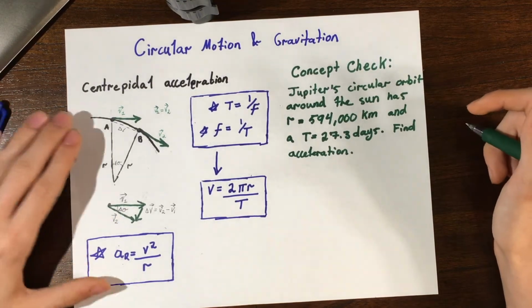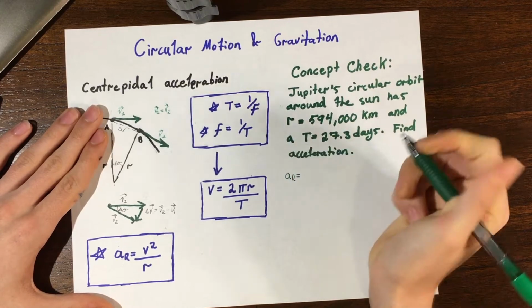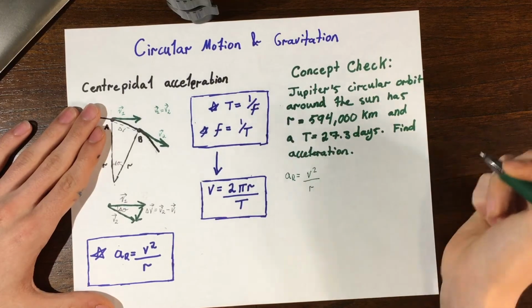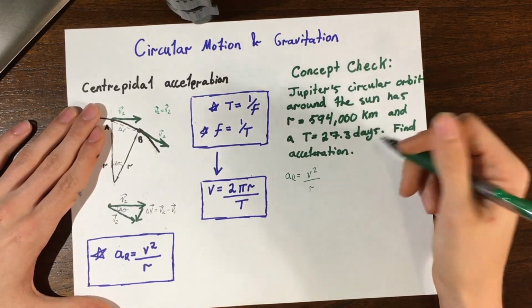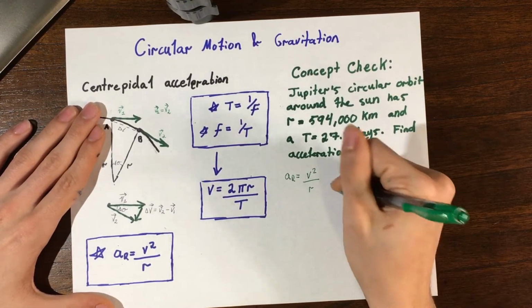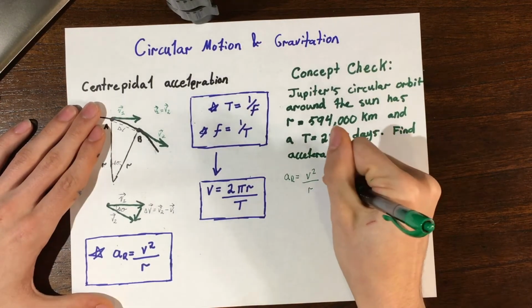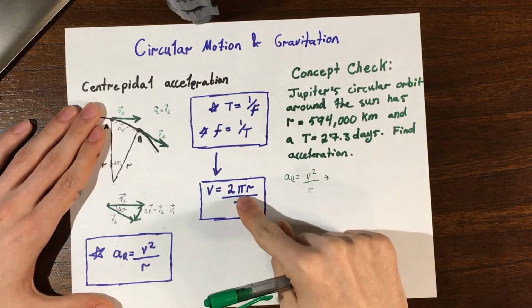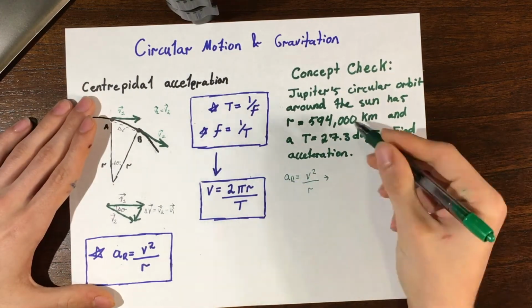We're going to start off with our base equation: centripetal acceleration is equal to velocity squared over r. You might realize that we don't have velocity, so we're going to have to substitute in something for velocity in order to find the centripetal acceleration. We can plug in 2 pi r over t, since we do have our period, and we know what pi is, it's just a value, and r is also given.